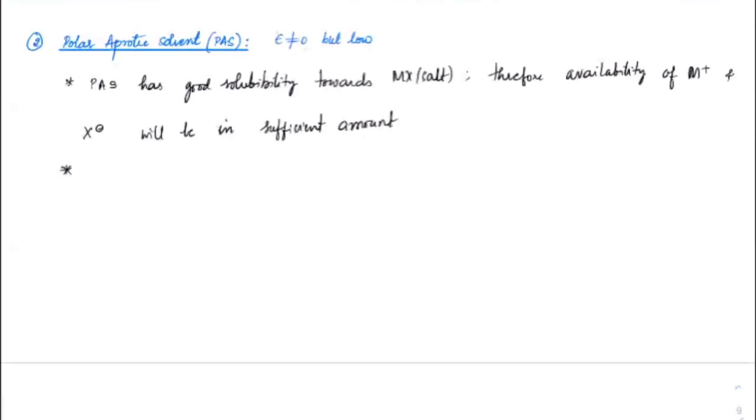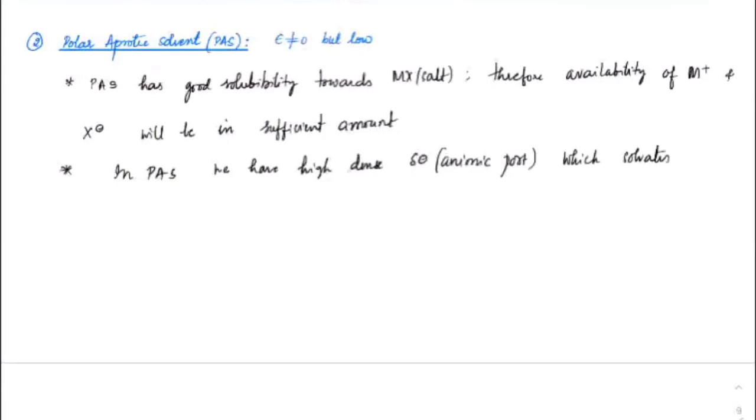In polar aprotic solvent, we have a high dense delta negative or anionic part, which solvates only the metal ion or metal cation. In this case, it is always the cation.